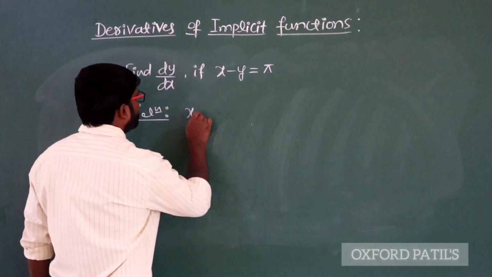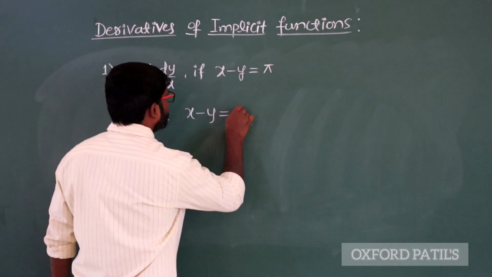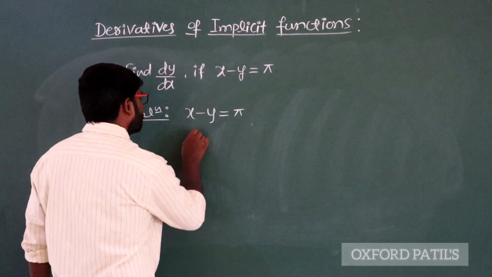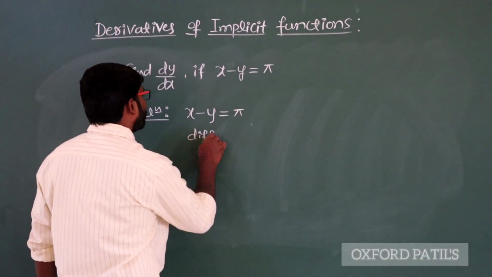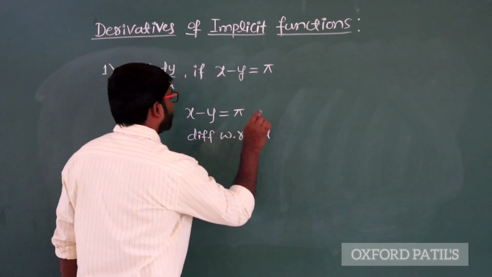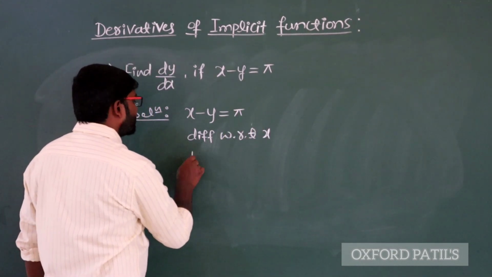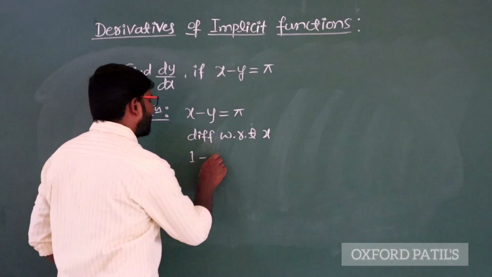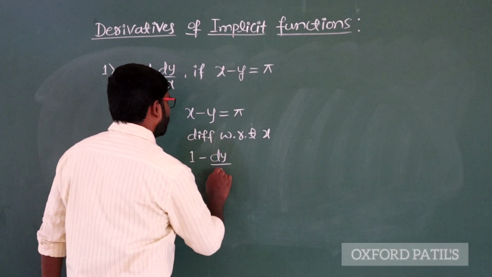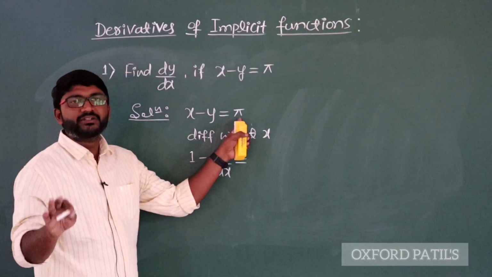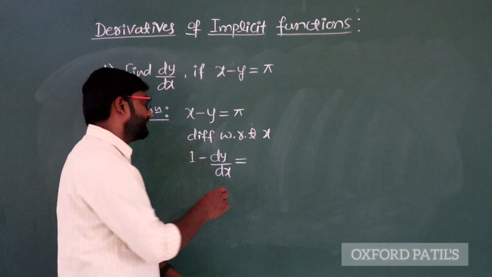The given function is x minus y equals pi. Differentiate both sides with respect to x. Derivative of x will be 1, then minus derivative of y, which is dy by dx, equals, here pi is a constant, and the derivative of a constant is 0.